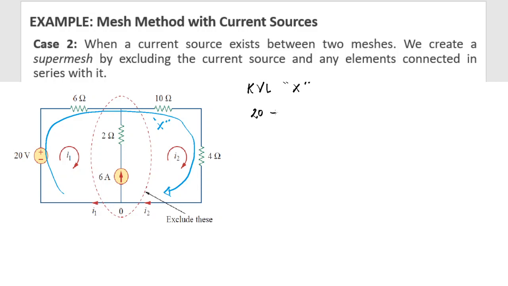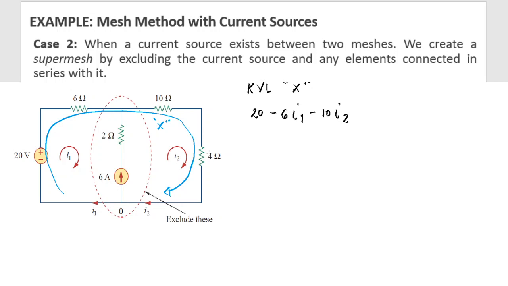Therefore, that would be a negative 6I1. Next, our super mesh X passes through the 10 ohm resistor, and the only loop current passing through this resistor is our loop current I2, which is in the same direction as our loop X. Therefore, that is still a negative 10I2.